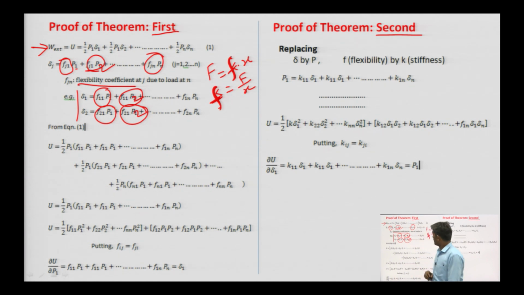So if we put the values of delta 1 and delta 2 here, we will get the value of strain energy.